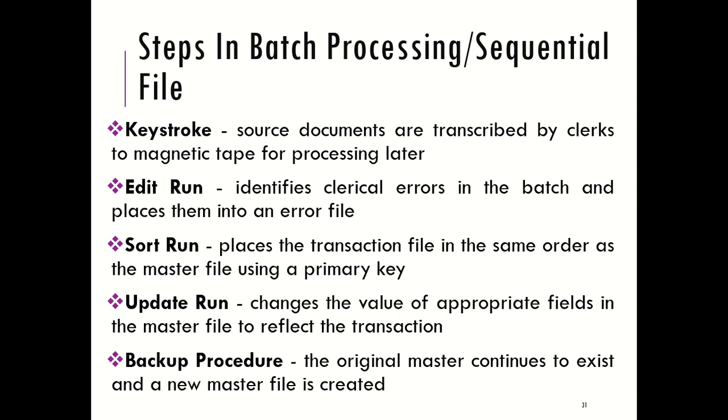Like the payroll earlier, the clerk encodes to the magnetic tape the payroll, the timesheets of the employees, then it checks for errors in the batch, runs it, sorts, updates the master file, and then there is a backup procedure. The backup procedure is important, as discussed earlier.